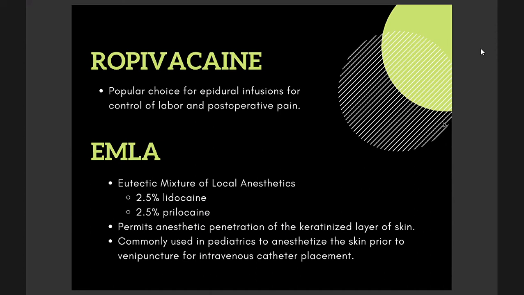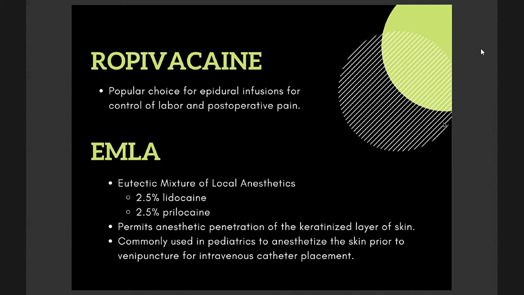So you have now EMLA. This is a cream. EMLA stands for eutectic mixture of local anesthetics, which consists of 2.5% lidocaine and 2.5% prilocaine. This permits anesthetic penetration of the keratinized layer of the skin.